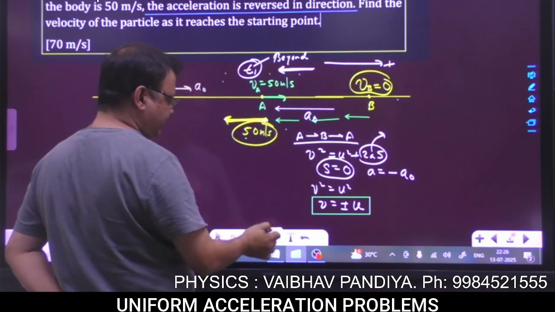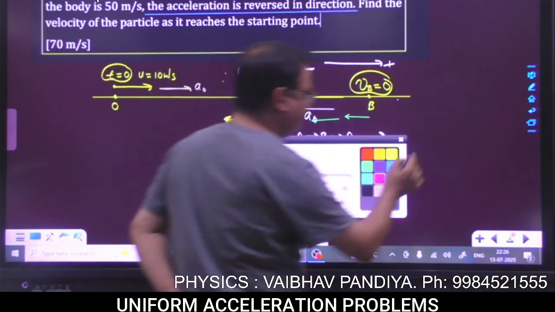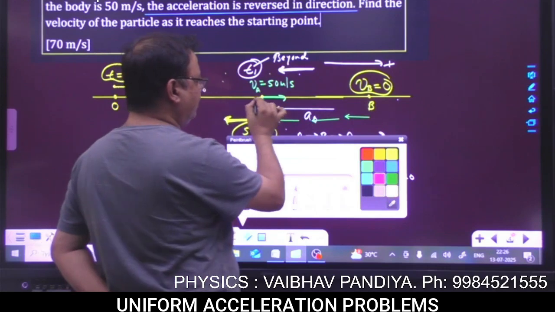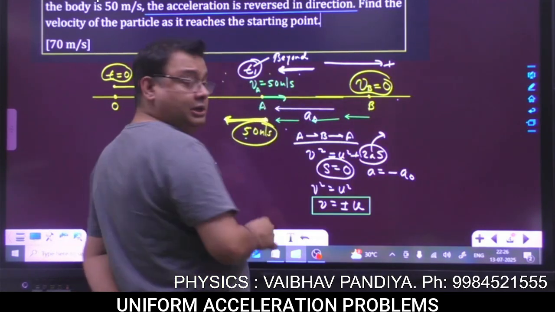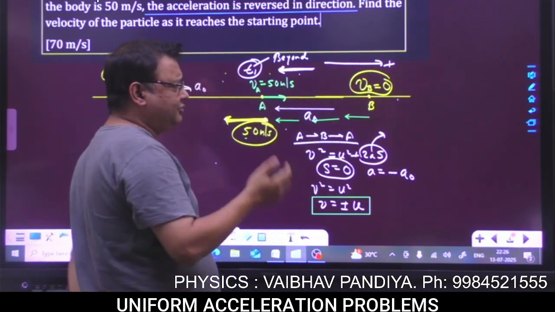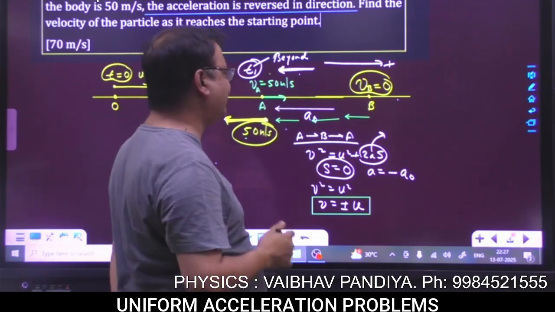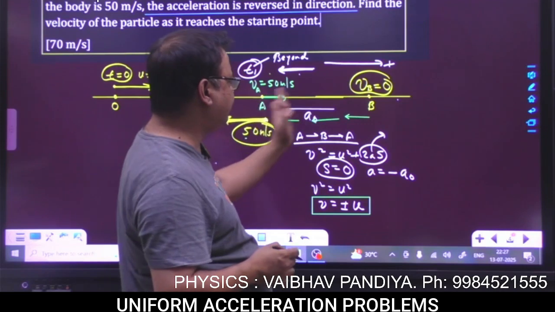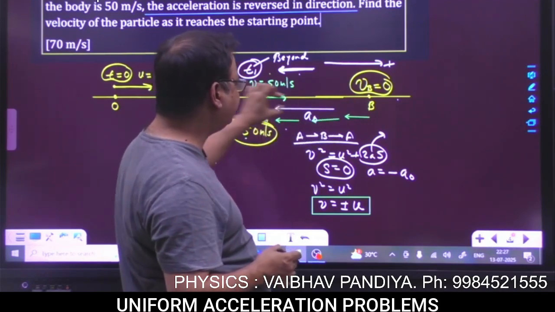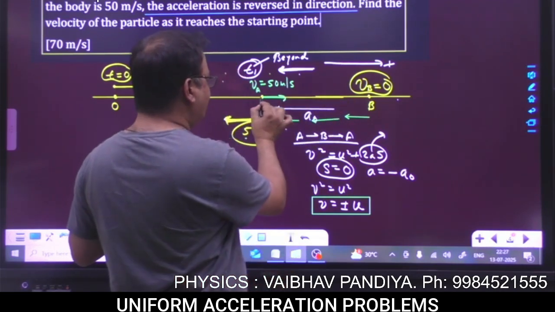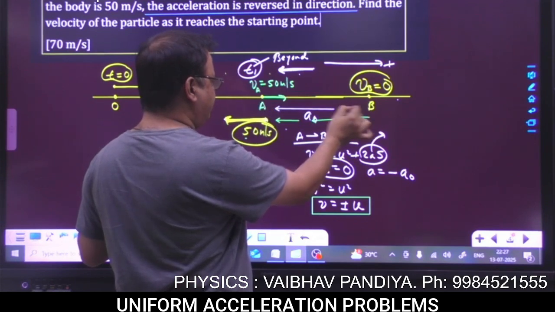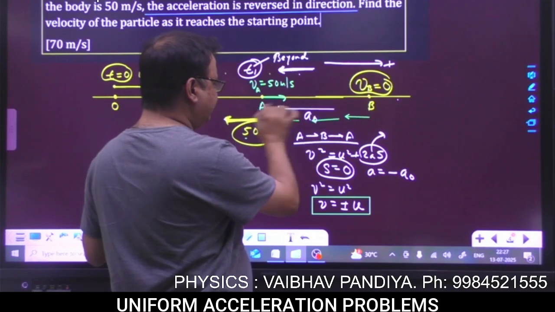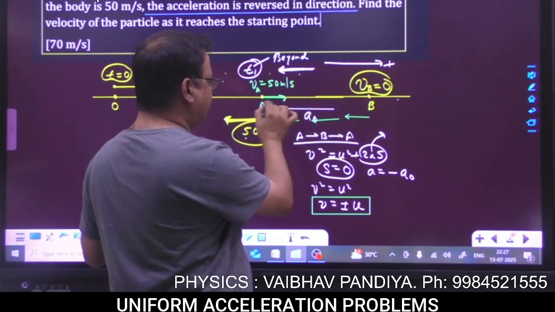And this is also very basic, which we did a lot in the fundamental lecture. If a particle is moving under constant acceleration and the reversal of motion takes place, the motion is symmetric, correct? It means the time to go from A to B is the same as the time to go from B to A. The speed at A in both the segments, when the particle is going from A to B and from B to A, will be the same.